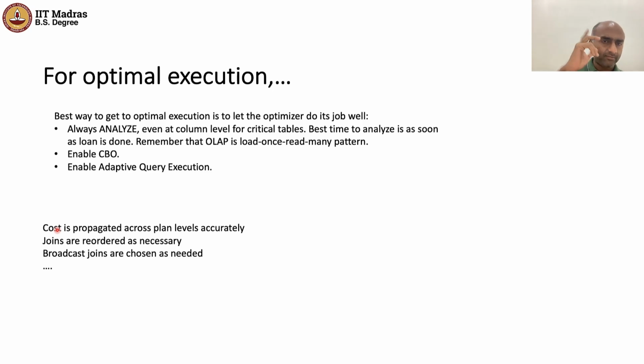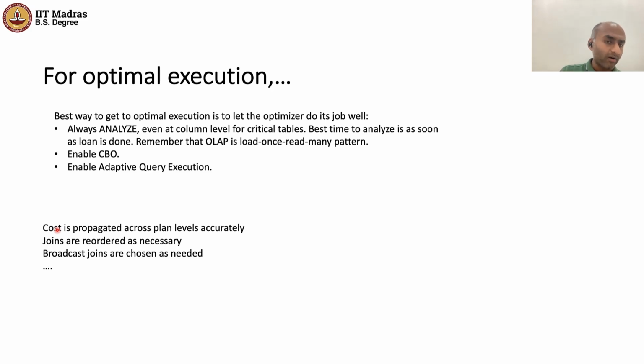So that's one of the things that you have to get yourself tuned to. Remember, the cost is actually some kind of a relative number, right? It's not an absolute number. It's not like some 10 seconds on the clock, right? That's not what the cost is. Cost is relative to the cost involved in reading 1 kilobyte of data from disk, right? That's the way the cost needs to be interpreted.